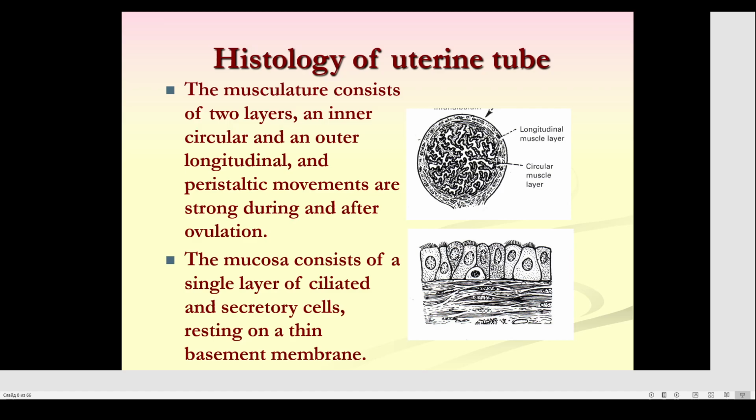In fallopian tubes there are two layers of muscles, an inner circular and an outer longitudinal, and peristaltic movements are strong during and after ovulation. The mucosa consists of a single layer of ciliated and secretory cells resting on a thin basement membrane.